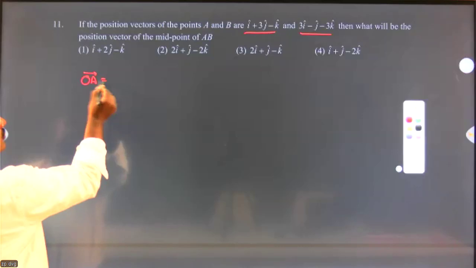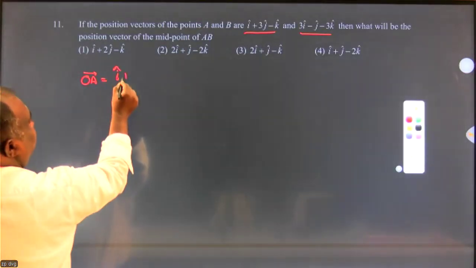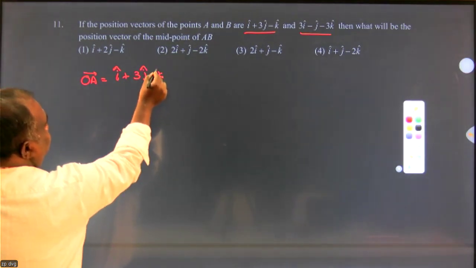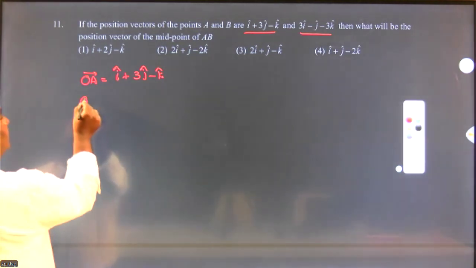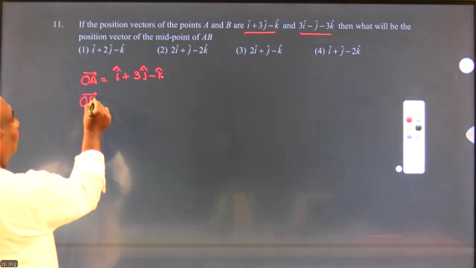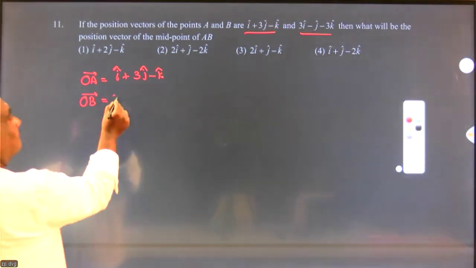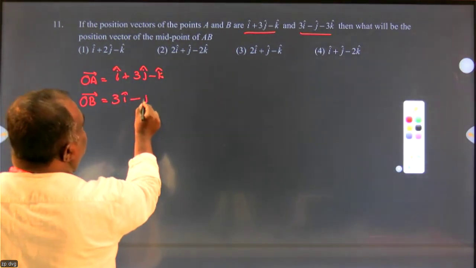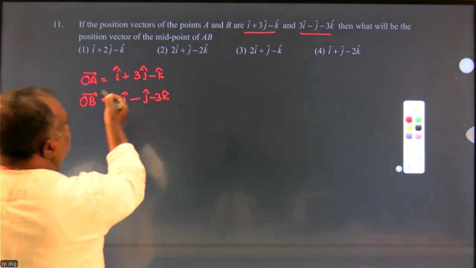OA bar is given as i plus 3j minus k, and OB bar is given. Observe there, OB bar is equal to 3i minus j minus 3k.